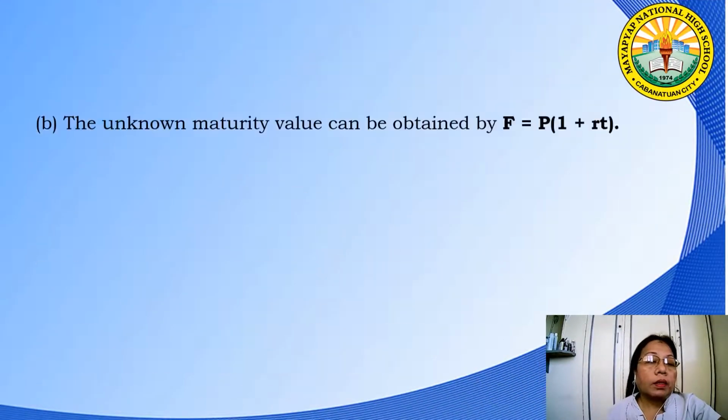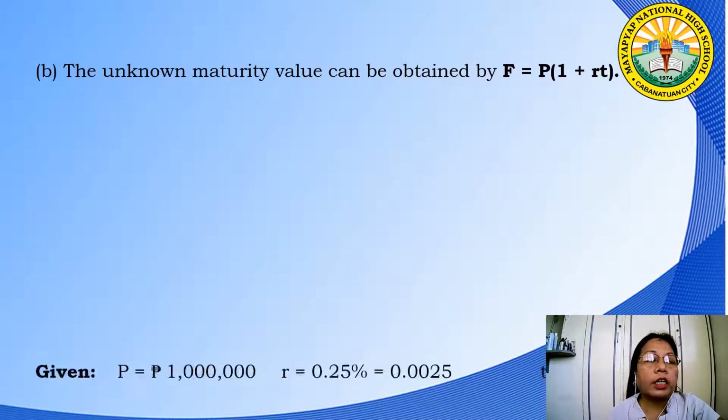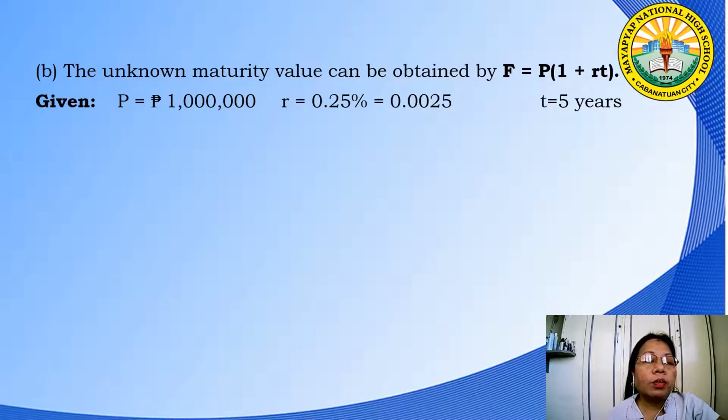And then to find the unknown maturity value for 5 years, it can be obtained by the formula F equals P times quantity 1 plus RT. So the given, we have 1 million for the principal, then R is 0.25%, or that is equal to 0.0025, and the term is 5 years.